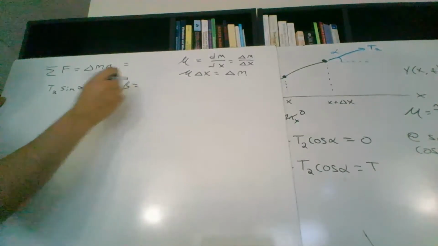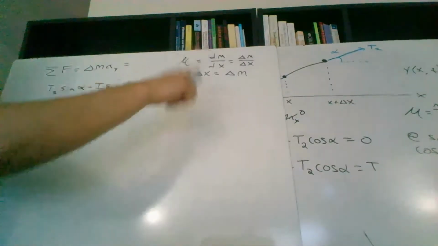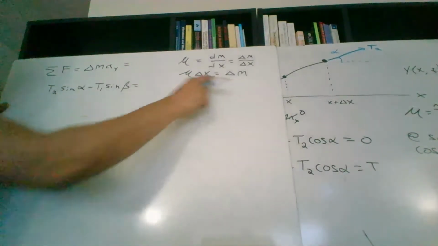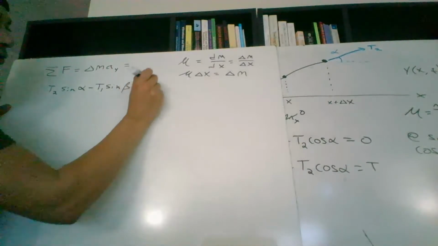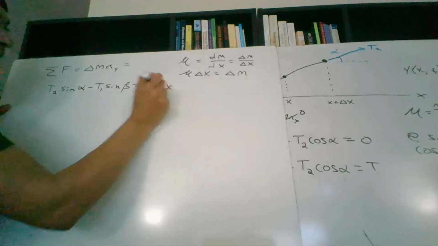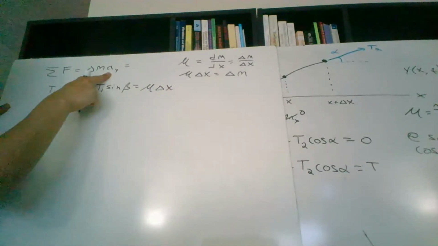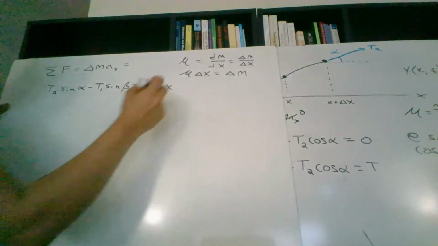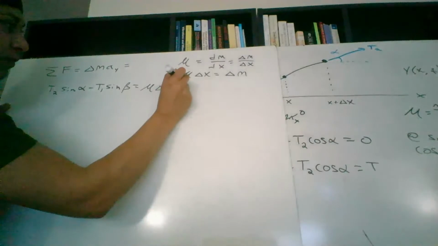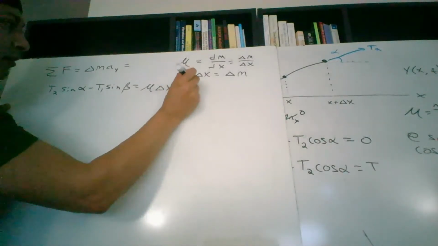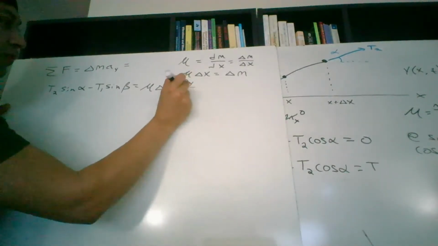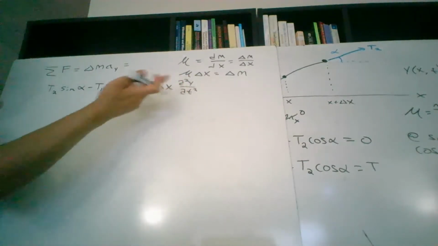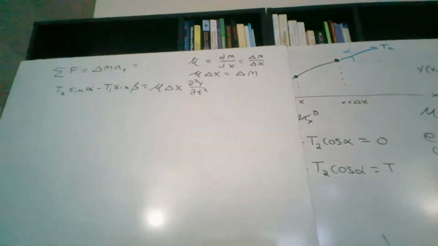And that's equal to, those are the sum of forces all acting in the y direction, and it's going to equal delta m, which is mu delta x, times the acceleration in the y. And I'm going to write the acceleration in the y direction as a partial derivative. We've talked about this before. So that's going to be d squared y over dt squared, and that just means the acceleration in the y direction.